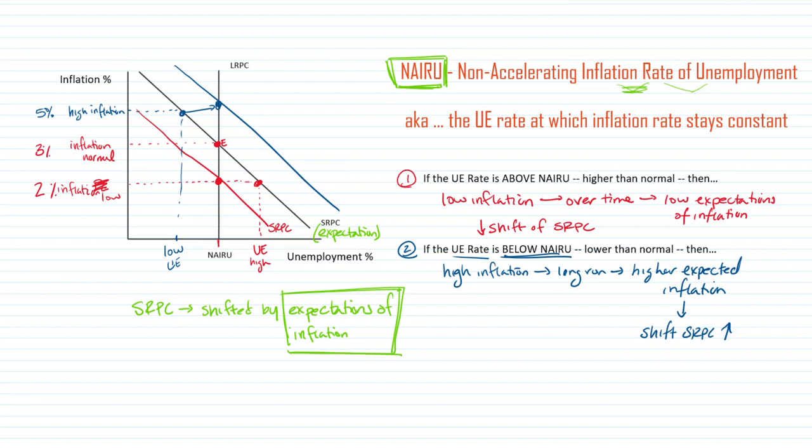And really, what NAIRU begins to tell us is that any low unemployment rate leads to increasing inflation over time, and that any high unemployment rate leads to decreasing inflation over time, and that the only stable or consistent point for inflation is when the unemployment rate is at that natural rate, or at that NAIRU, that non-accelerating rate of unemployment.